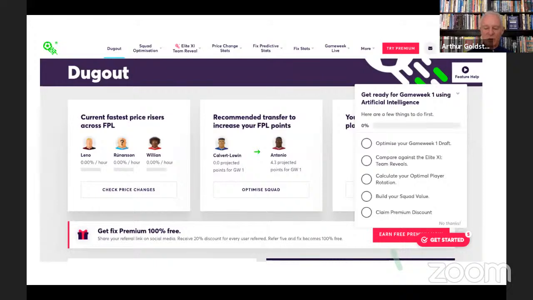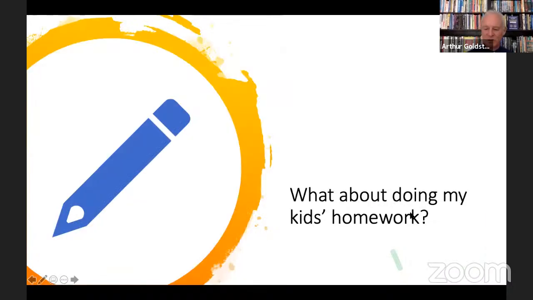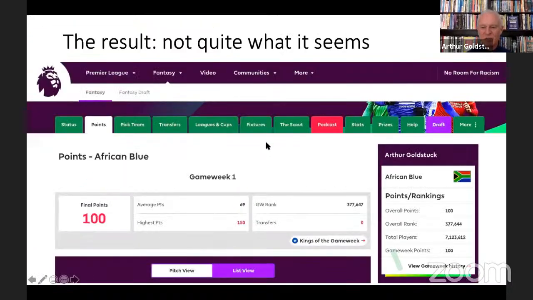So this past weekend was the first game week of this season, and I used a combination of tools, including the Fantasy Football Fix, and the result was my highest ever points in a single game week. But it doesn't tell the full story because everyone else is also using these tools.